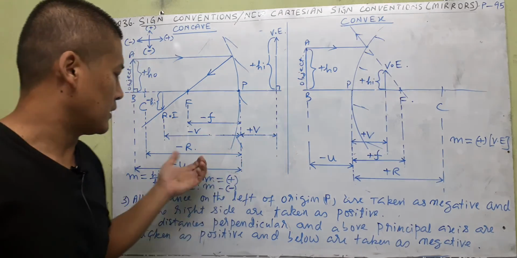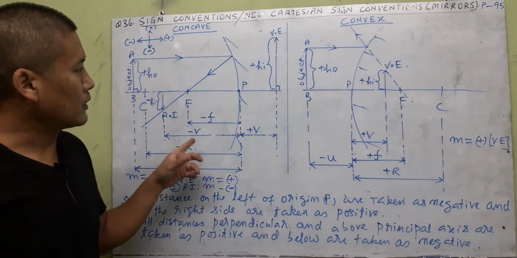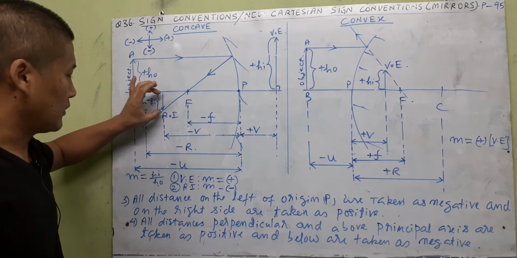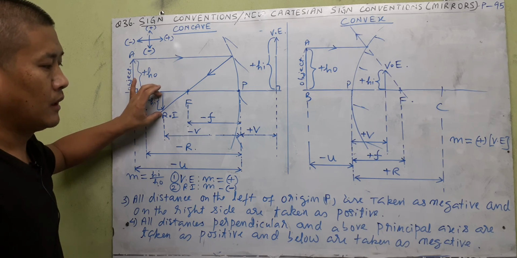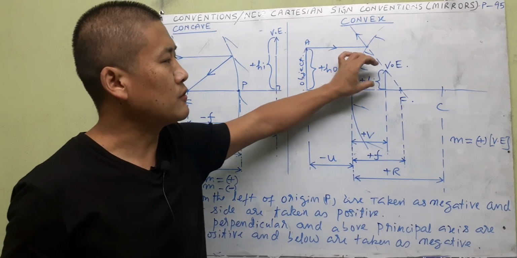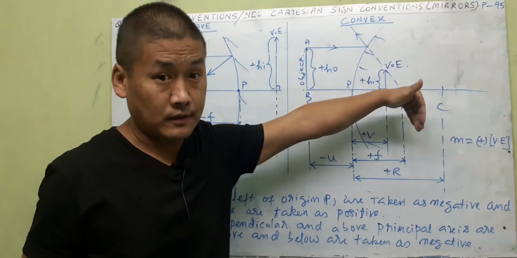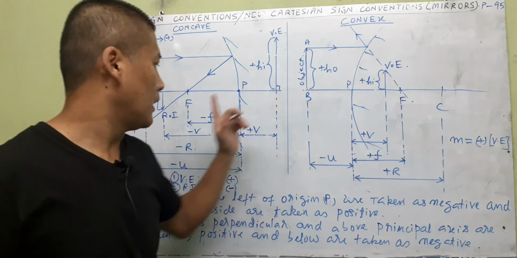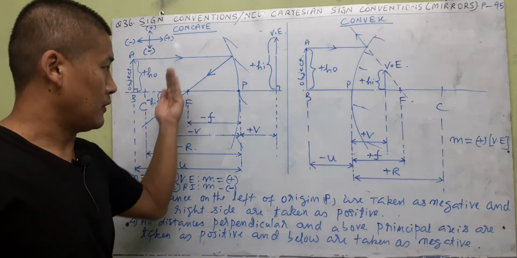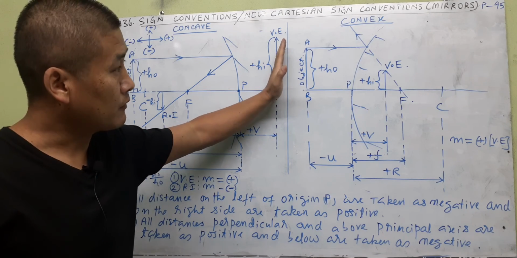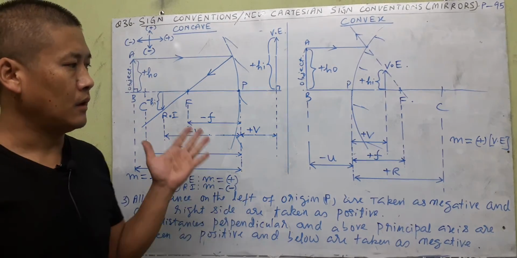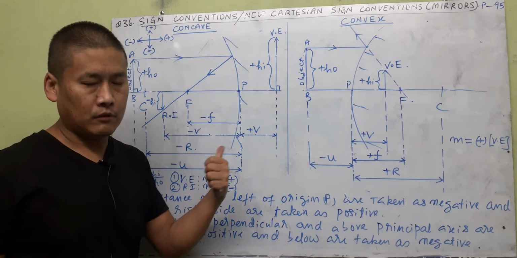Another point to keep in mind is that a concave mirror can form both types of image, virtual erect on the right side of the mirror, real inverted on the left side of the concave mirror, but a convex mirror can form only one type of image, virtual erect, always on the right side of the mirror. Again, I repeat, real inverted images are formed on the left side of a concave mirror, virtual erect on the right side of a concave or convex mirror. Okay, if you keep that in mind, every numerical will be quite okay.